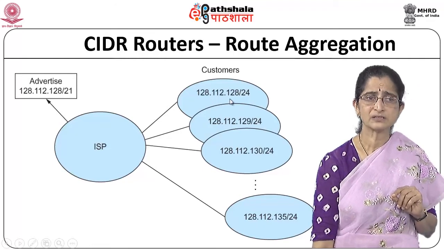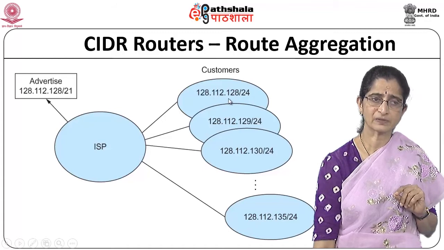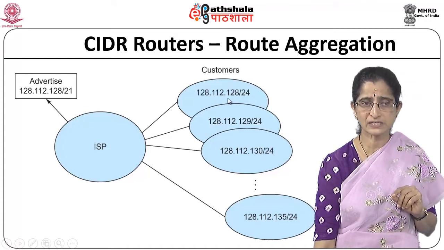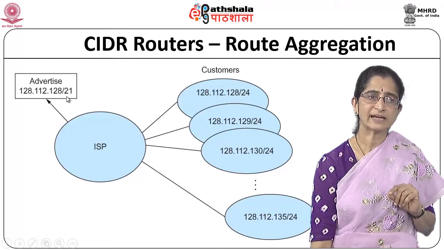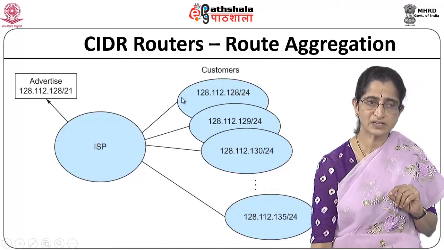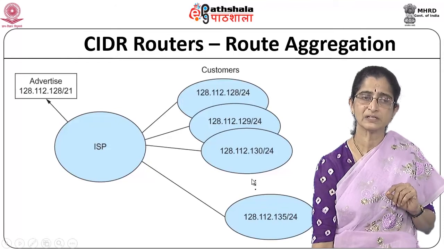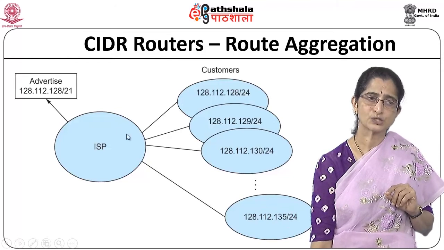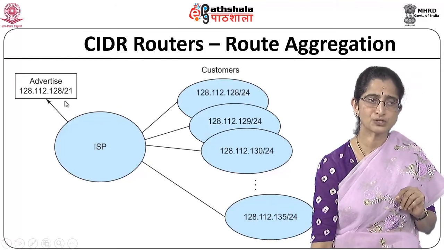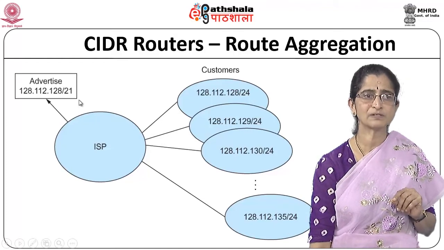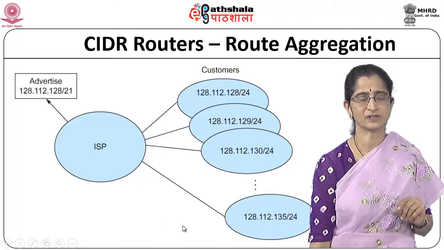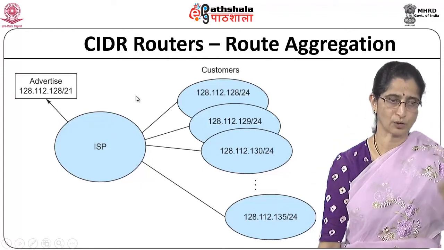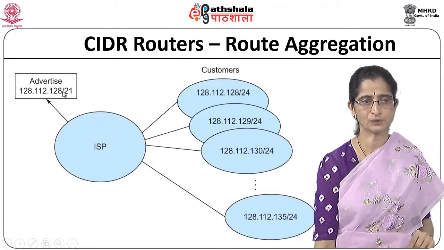So the last 3 bits of this address are where it differs, while the first 5 bits of this byte are common in all of them. Those last 3 bits are masked out, and you choose only the first 21 bits, which are the common part of the address, and use that to identify all these networks as belonging to a single block. Okay, that is what we are able to specify using this.